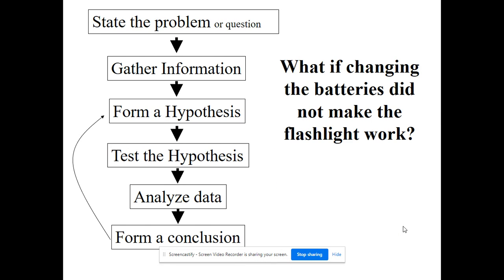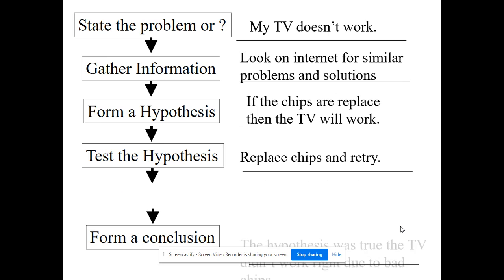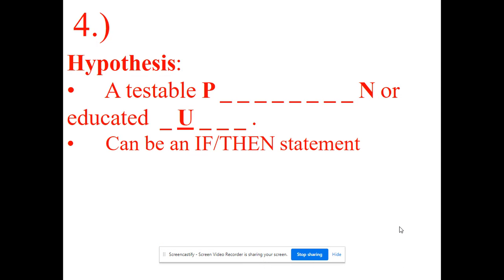Let me skip forward a couple slides here. Okay, so I want to focus less on the steps of the scientific method and more specifically on hypotheses and the independent variable and dependent variable. The hypothesis is a testable prediction or an educated guess about the outcome of an experiment.